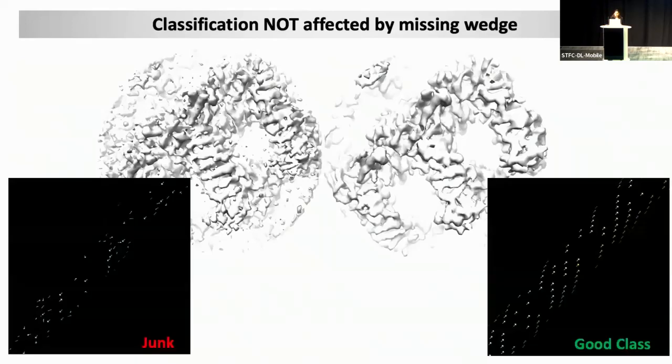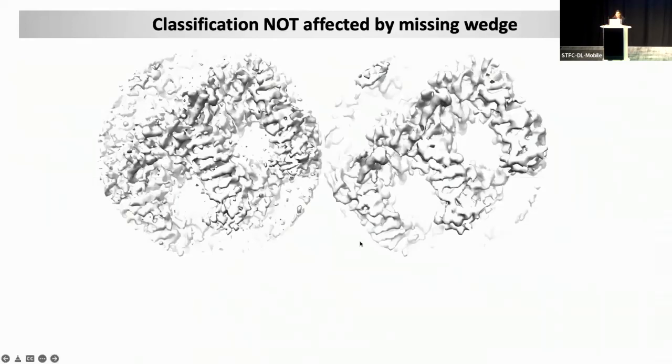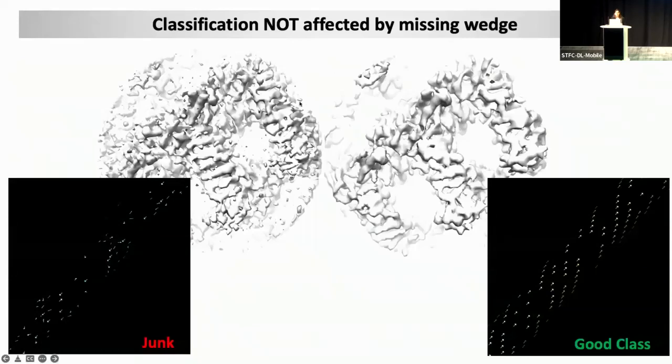So here you can see two classes, and yes, this one looks more noisy, but both of them really look like our structure. But when we map the positions of these particles back onto the tomograms, we can see that this is total Einstein from noise.